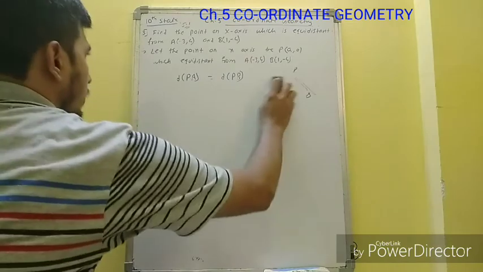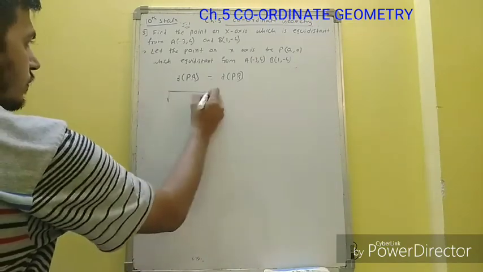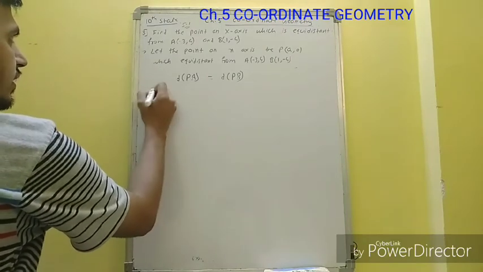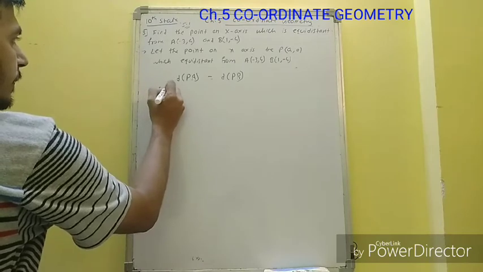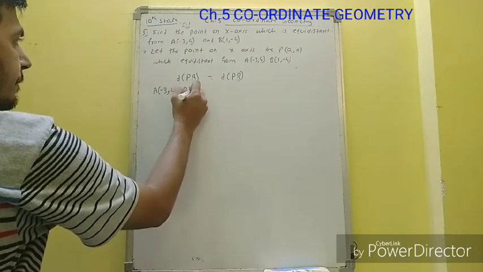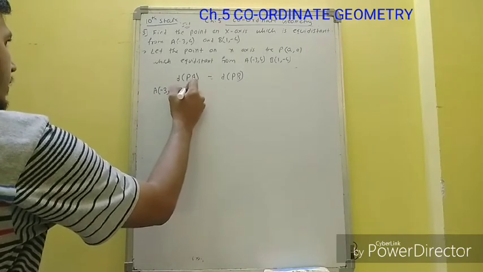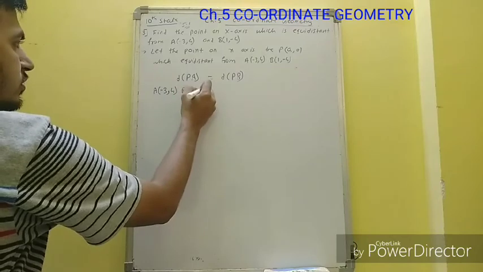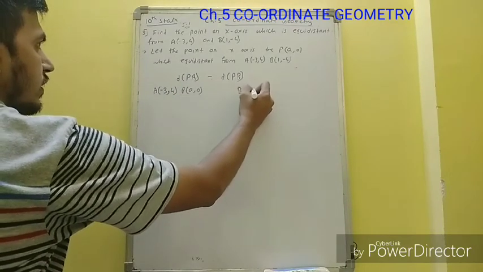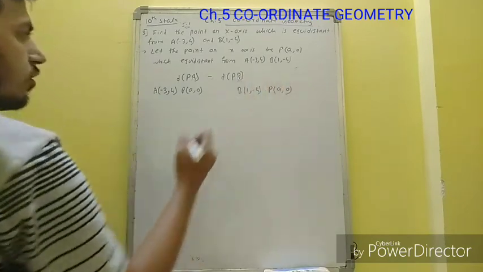Now what is the distance formula? Square root of (x2 minus x1) the whole square plus (y2 minus y1) the whole square. Should I write the points first? So let's say A is (-3, 4), and P is (a, 0). Over here B is (1, -4) and again P is (a, 0).